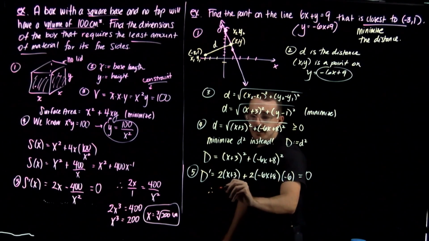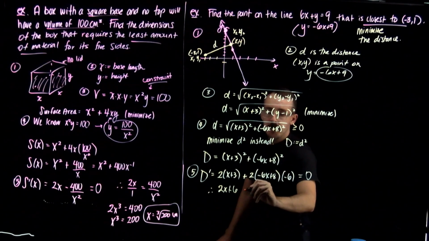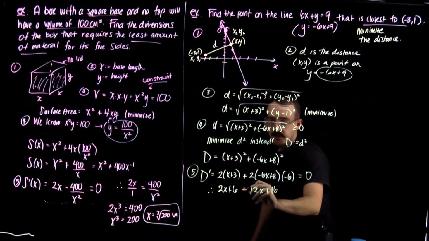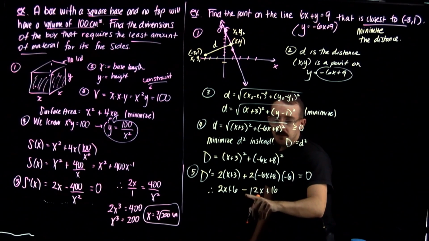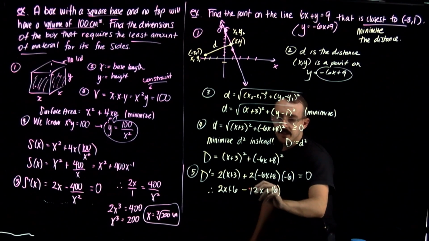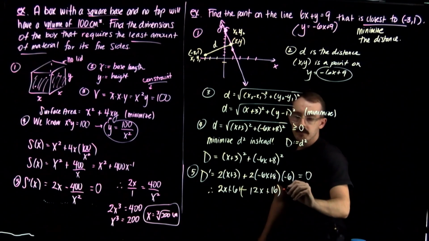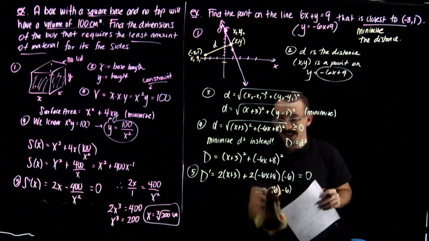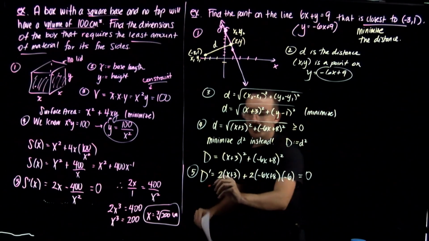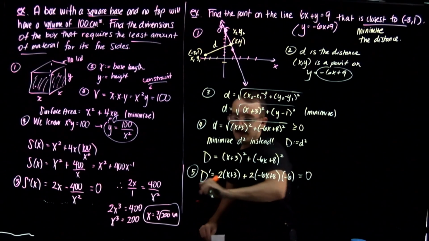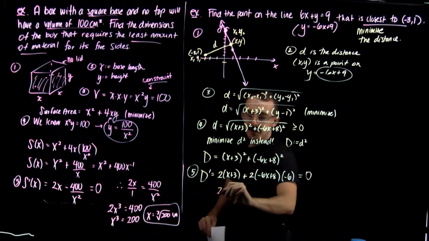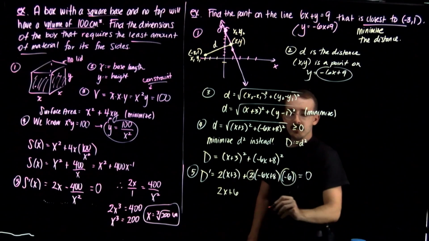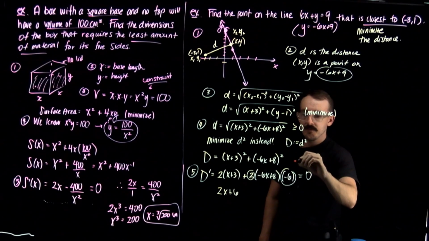Continuing here, this tells us 2x plus 6, minus 12 times the inside, this is all times -6. I did that in a funny order. Let me go back here and just do that one more time. I don't like the order I did that in. So this tells me that I have 2x plus 6. -6 times 2 is -12.